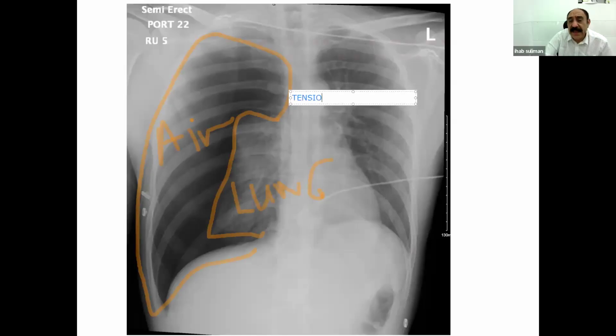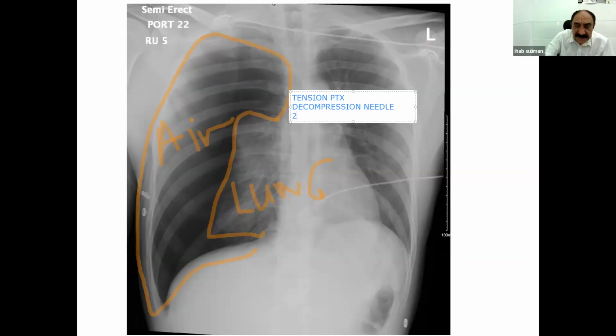They say it is illegal to do a chest X-ray for tension pneumothorax because you should have diagnosed it before you send the patient to the X-ray, and it is important to do needle decompression. Needle decompression is important for tension pneumothorax.